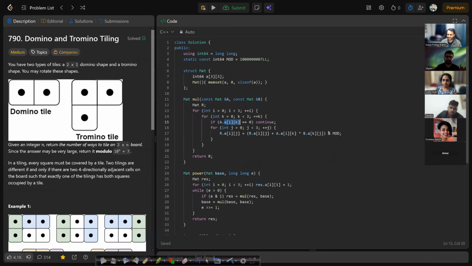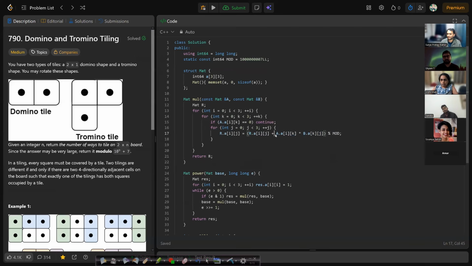The only thing that differs is the mod of this MOD. And by taking long integer, you make sure that you don't have to apply a lot of brain in multiplying this and then again applying the mod. Otherwise, if you take integer, then you may overflow by just doing a single multiplication. So by taking long integer, even if 10 to the power 9 is multiplied by 10 to the power 9, it reaches 10 to the power 18 and is still within the 64-bit integer.